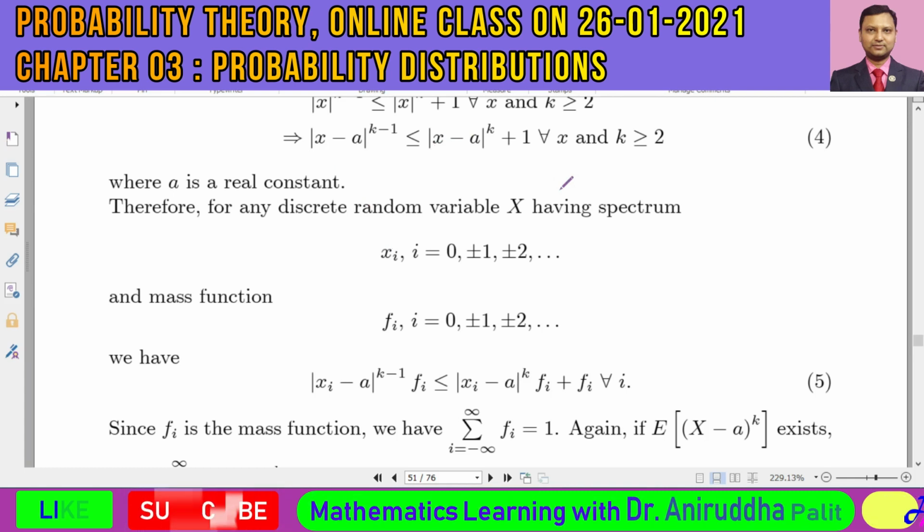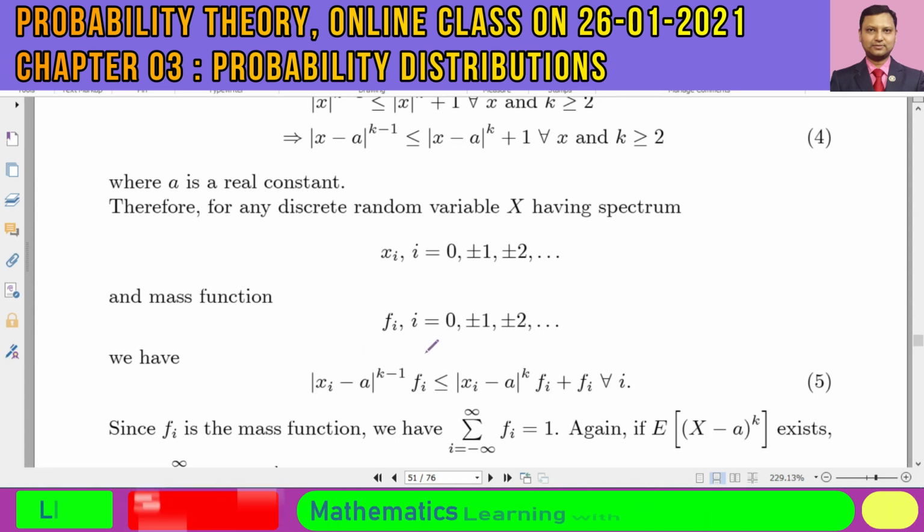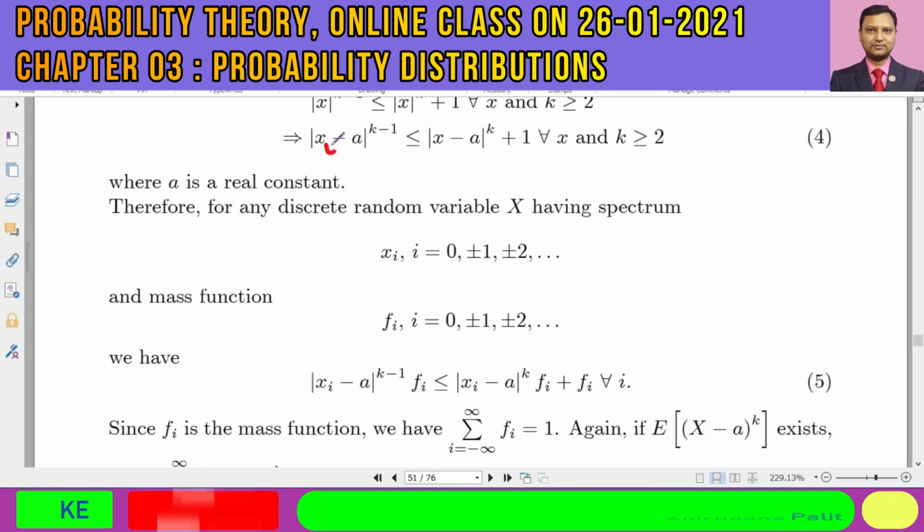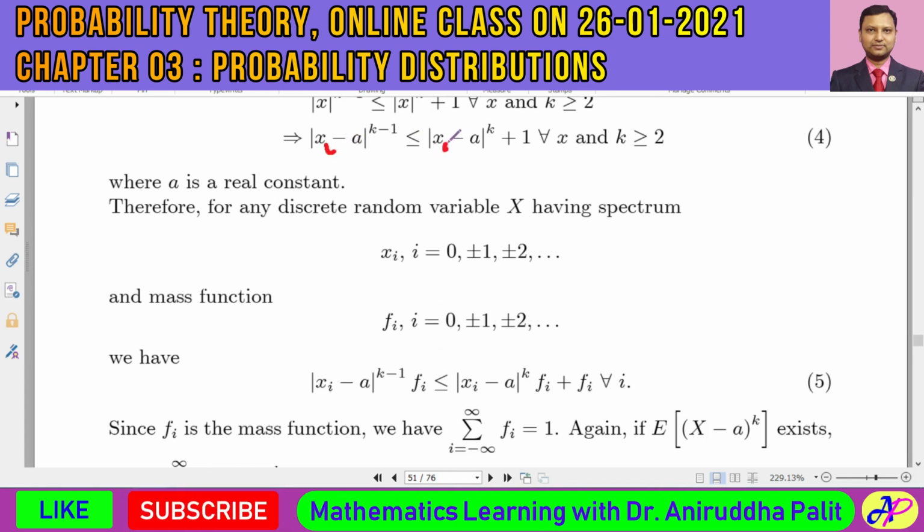After putting x equal to x_i, we get this type of relation, and after that we multiply this expression by f_i. Got it?